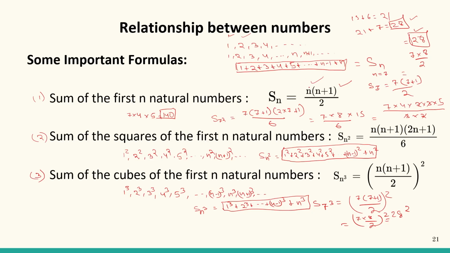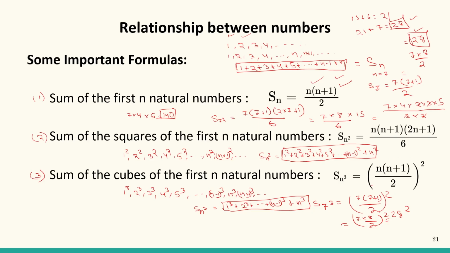So what was the sum of the first n natural numbers? Sn is equal to n into n plus 1 by 2. What is the sum of squares of the first n natural numbers? It is n into n plus 1 into 2n plus 1 whole by 6. And what is the sum of the cubes of the first n natural numbers? That is Sn cube, n into n plus 1 whole by 2, whole square.